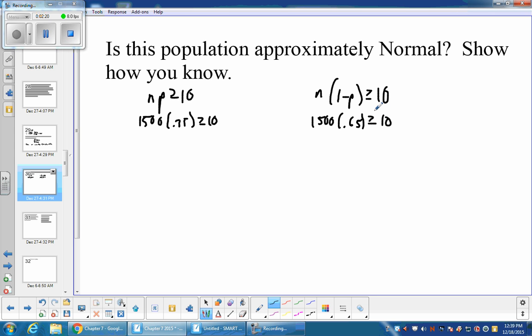Now if I take 1,500 times 0.35, I get 525, which is way bigger than 10. If I do 1,500 times 0.65, I get 975, which is much bigger than 10. So we can say we can use a normal approximation.